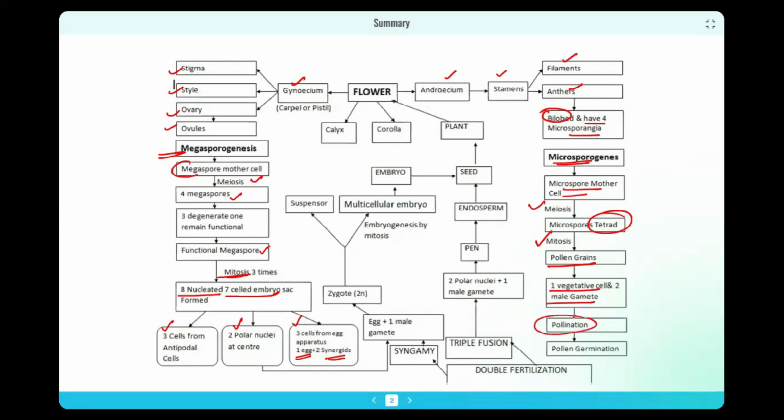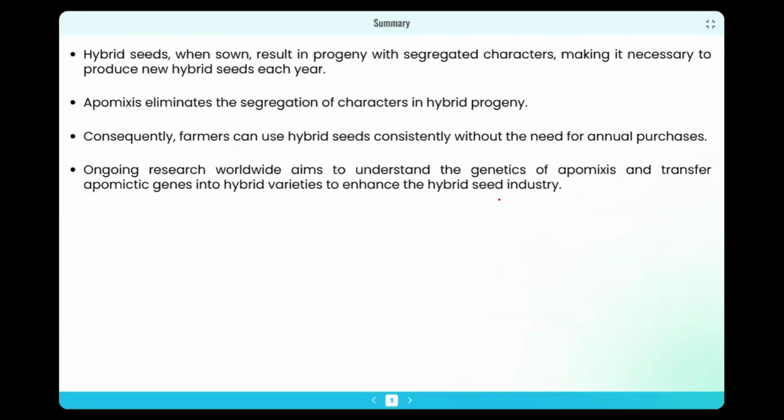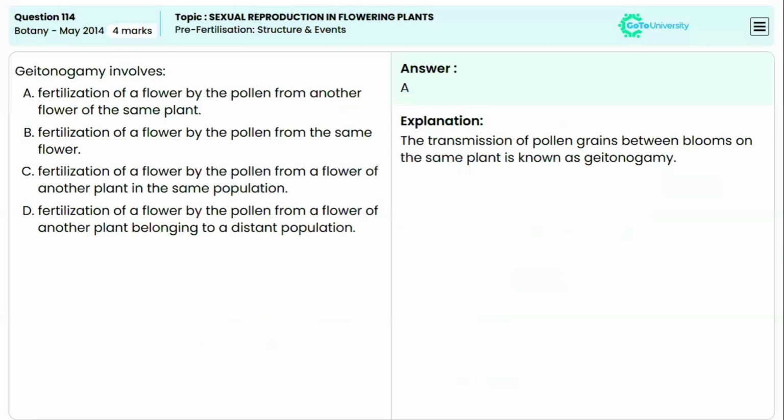They undergo pollination where the pollen germinates. Then there is syngamy, that is the fusion of the egg and 1 male gamete to form a zygote. And here there is triple fusion, where the 2 polar nuclei fuse with 1 male gamete and form the endosperm. Now, moving to the questions.